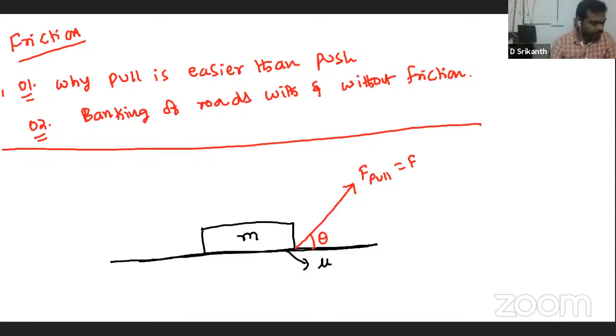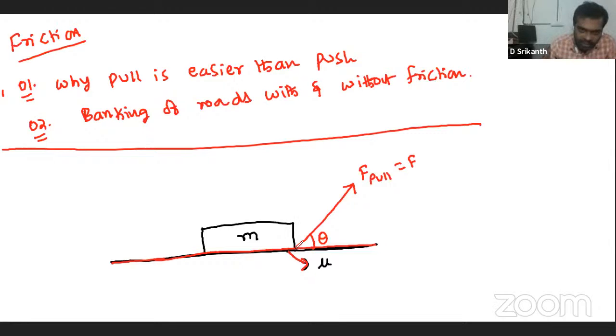Now, I have an object of mass m on the horizontal surface, and consider the surface as a rough surface having the coefficient of friction mu.